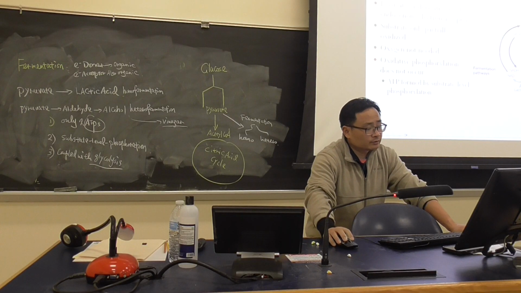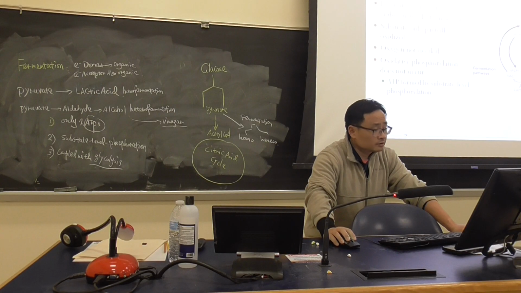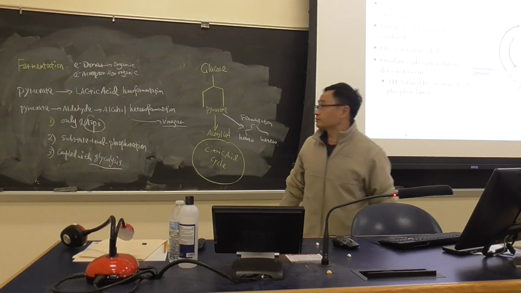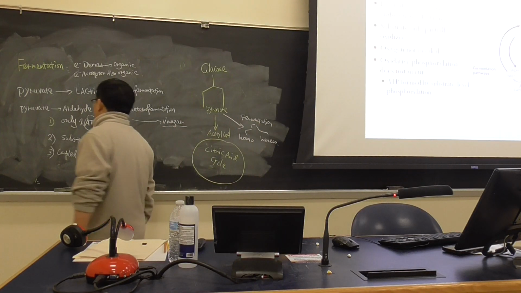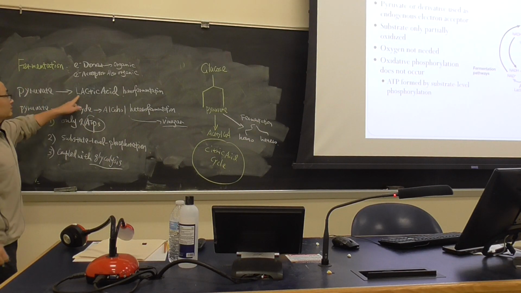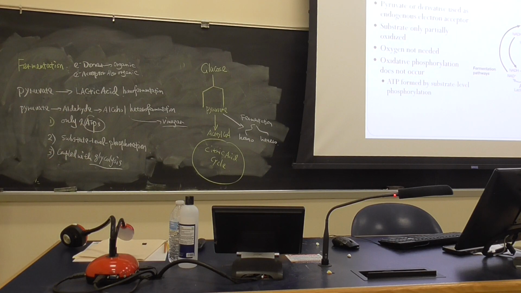Look here, the pyruvate goes to lactic acid. Then it goes here. It's very interesting, the formula. Pyruvate becomes lactic acid. It's important. But how many ATPs are generated? We just said only 2 ATPs.